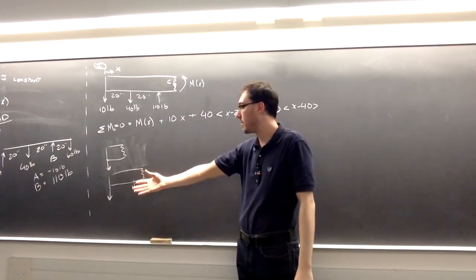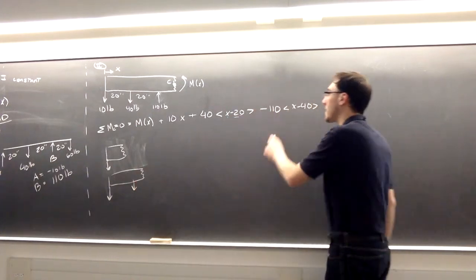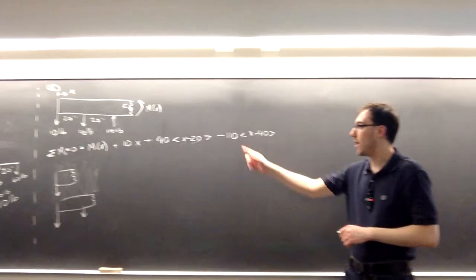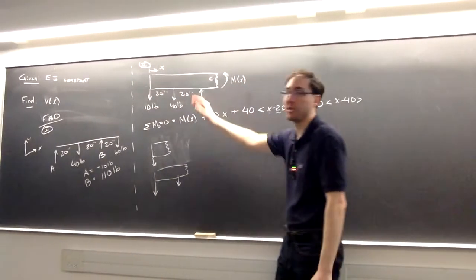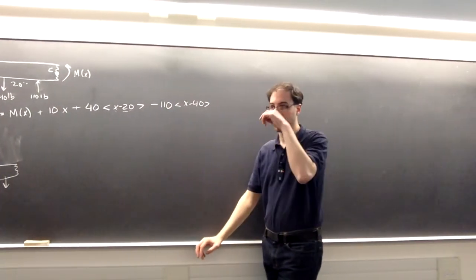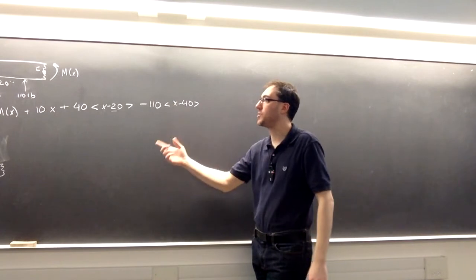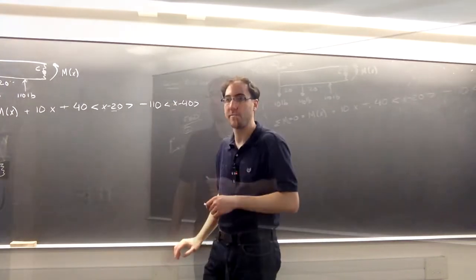It doesn't contribute to the moment internally in this picture. So again, I want a bracket function there so that it only turns on once I pass x is equal to 40 inches. So I've accounted for the moments due to, in this case, all I had were 3 point loads, and they've all been accounted for.